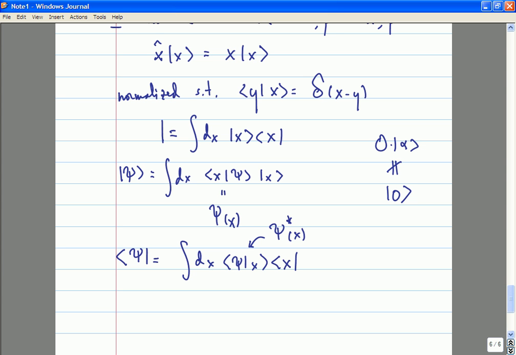And then the inner product of a state with itself is precisely, well, let's use our favorite trick. It's psi times 1 times psi. And using this expression for 1 is the integral dx of, well, psi star psi, or the absolute value of psi squared, which will be set equal to 1 for a normalized state.